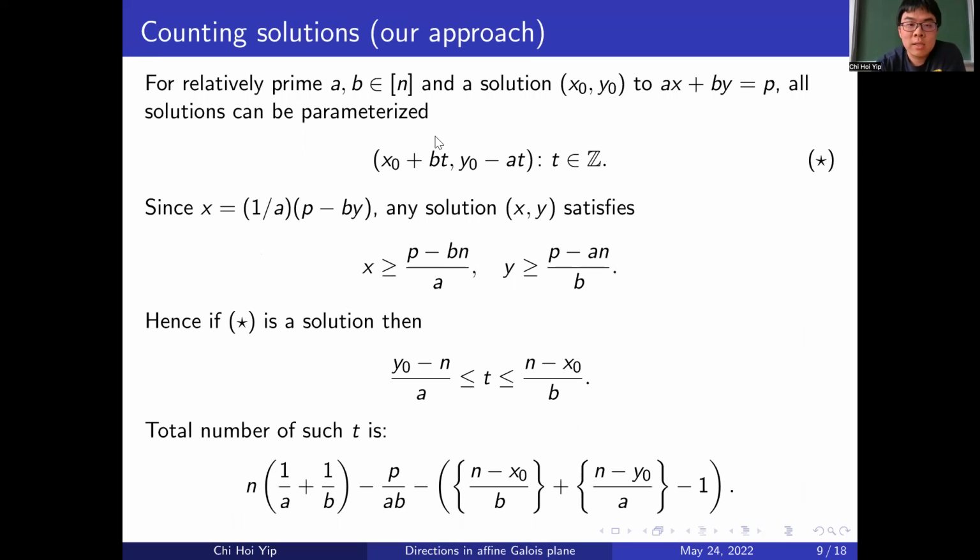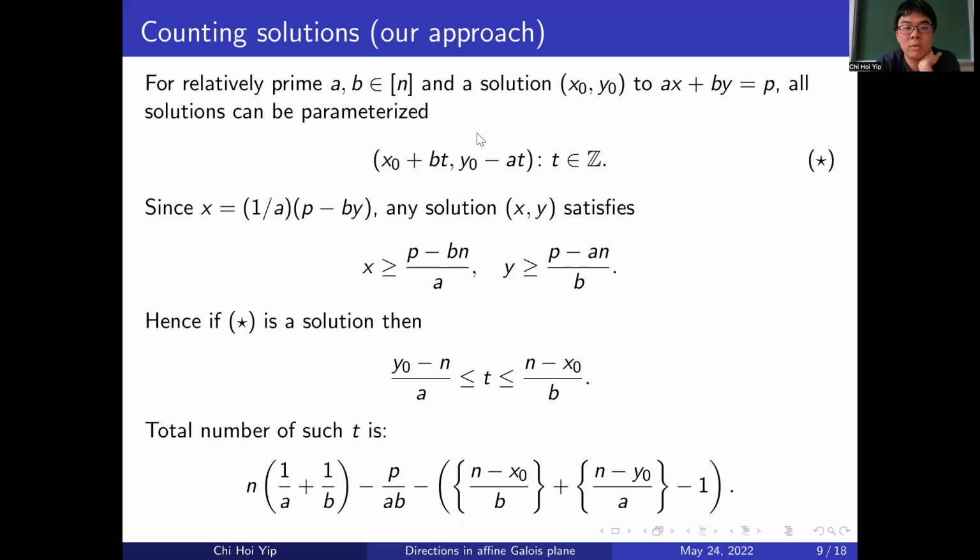Our idea is to first fix A and B. Of course, they have to be coprime because the right-hand side is equal to p, which is a prime number. Then we know how to solve this standard linear Diophantine equation AX plus BY equals p. We just need to first find a particular solution X0, Y0.